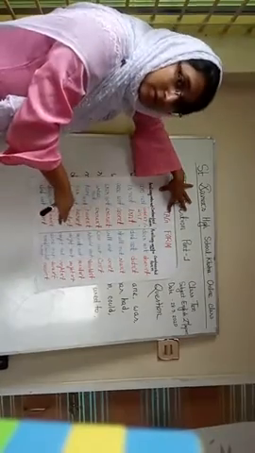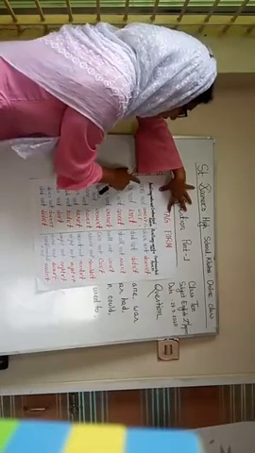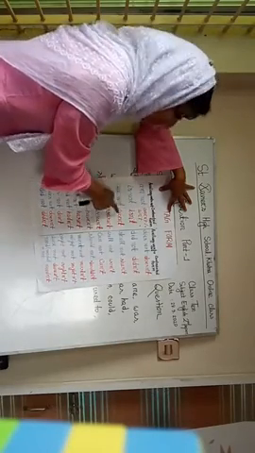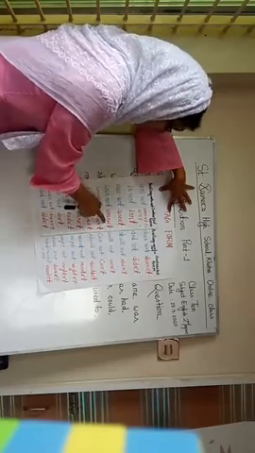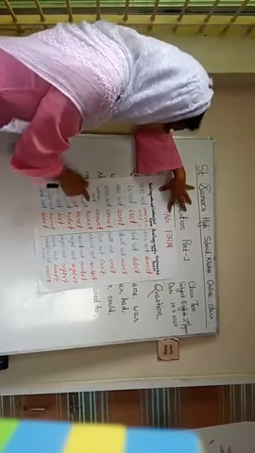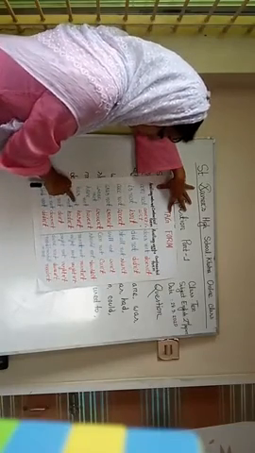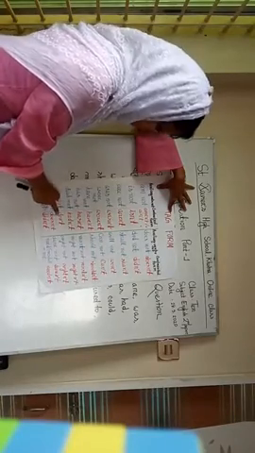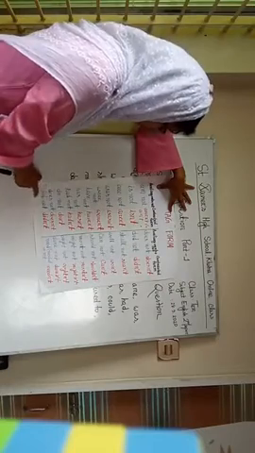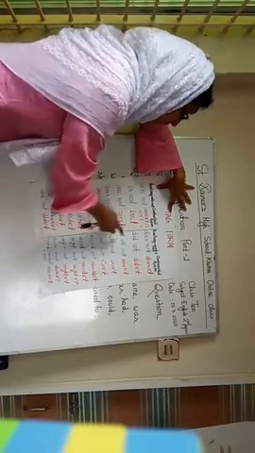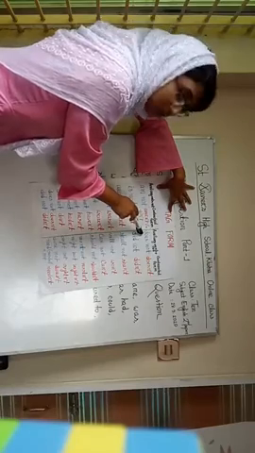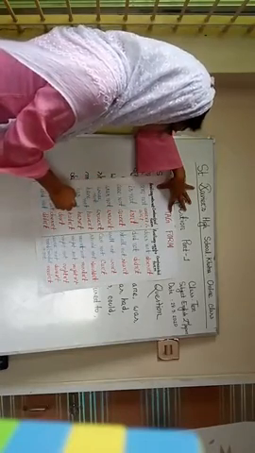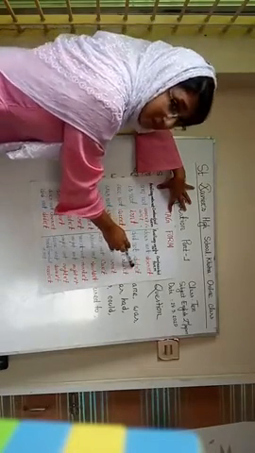First, write down this chart. Okay, dear students? Am not, aren't or ain't, is not, isn't, are not, aren't, was not, wasn't, were not, weren't, have not, haven't, has not, hasn't, had not, hadn't, do not, don't, does not, doesn't, did not, didn't.